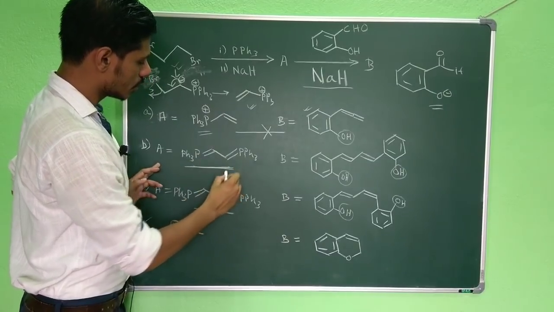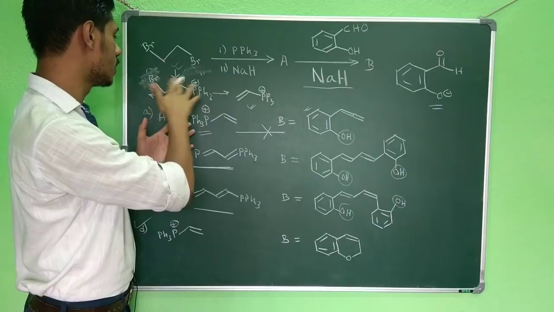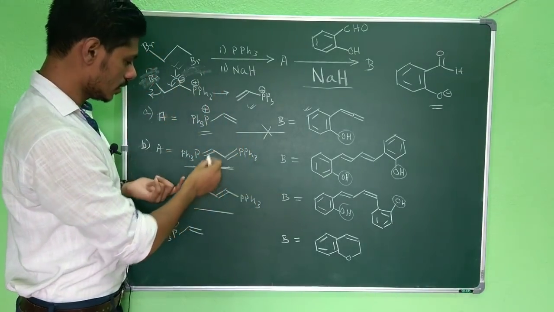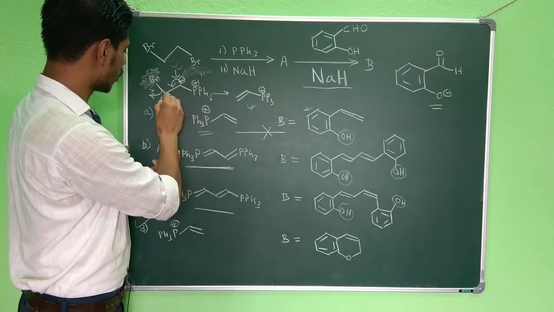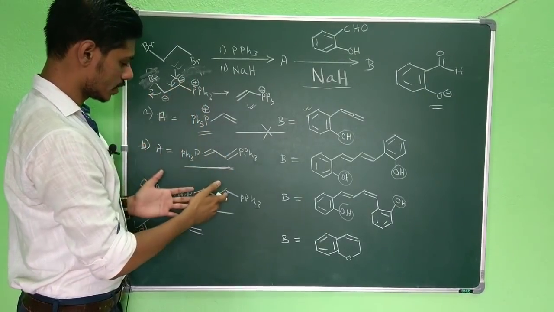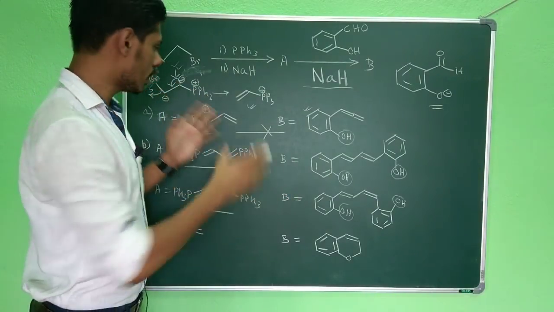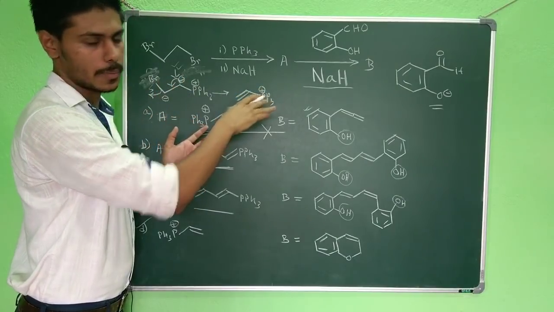Here they gave this Wittig salt, which cannot be formed, because this elimination reaction is very fast. In these options they did two deprotonations, represented by this Wittig salt, but this will not have a chance to occur. Immediately after this deprotonation, the elimination will happen.